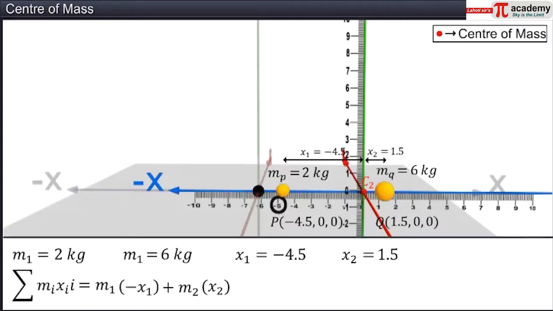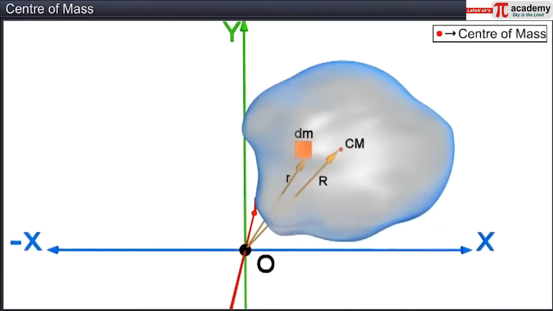Sigma mi xi i is equal to m1 into minus x1 plus m2 into x2, which is equal to 2 into minus 4.5 plus 6 into 1.5, which is equal to 0.